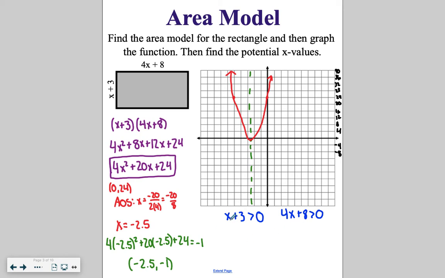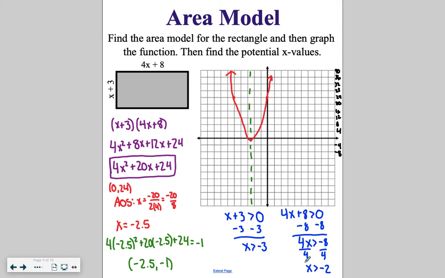Now, we have an inequality here which we can solve. So for the first one, we're going to subtract 3 from both sides, and I get x is greater than negative 3. For this next one, I'm going to subtract 8 on both sides. I've got 4x is greater than negative 8, dividing by 4, and I get x is greater than negative 2. Now, we need this statement to work for both sides.